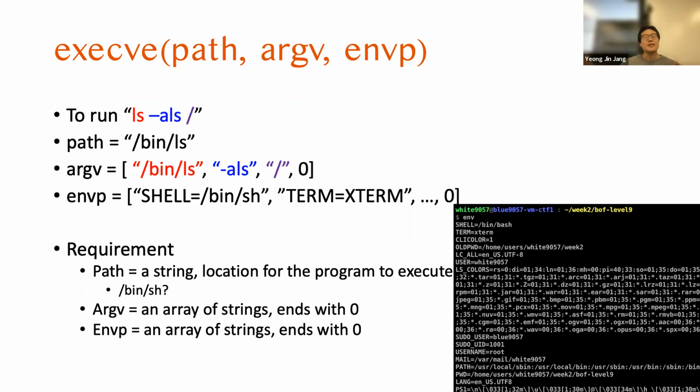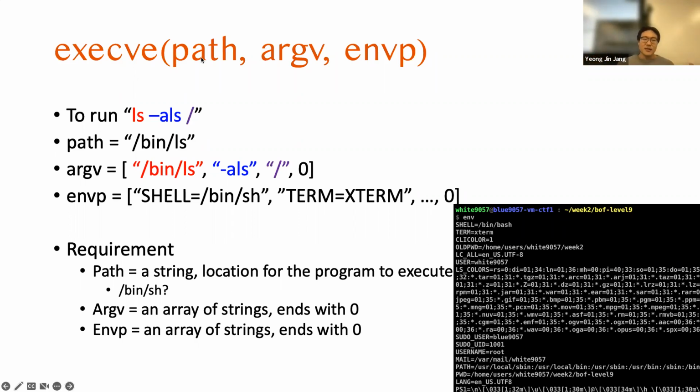But practically that cannot happen, because if you install Ubuntu or any Linux distribution, there are a lot of scripts, and most of them assume that there is a /bin/sh. If you remove it, other functionality of that system will break. So you can safely assume that on most systems, unless it's a special or weird machine, you will have /bin/sh as a program, so you can always set the first argument as /bin/sh.